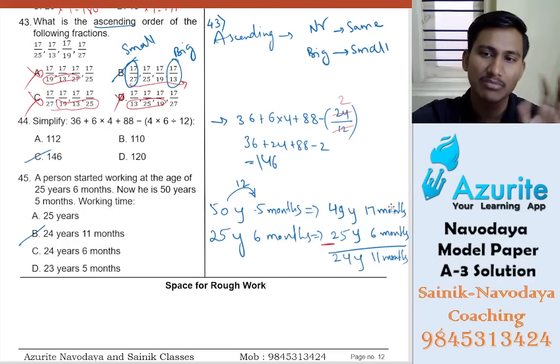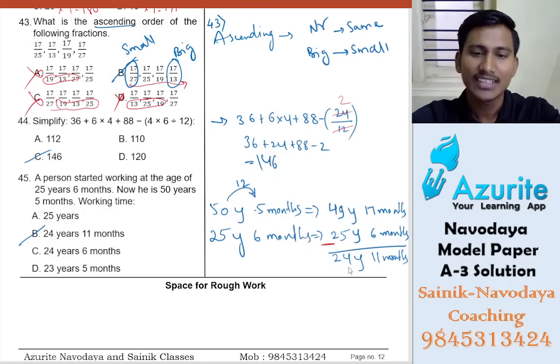Now minus 25 years 6 months. 17 minus 6 is 11. 49 minus 25 is 24 years, right? So 24 years 11 months is the answer, okay? Or you can go with the options by adding both, then you will get the answer, okay?